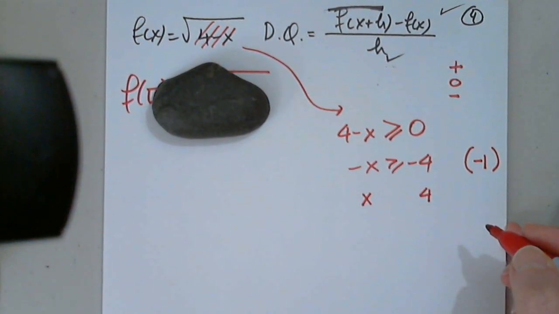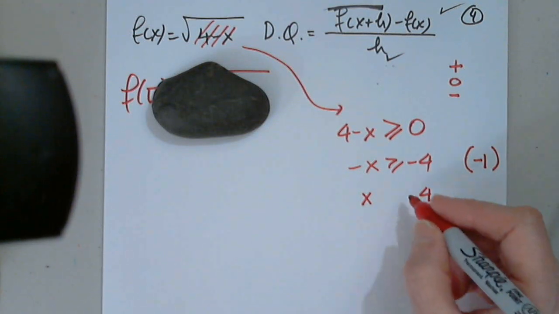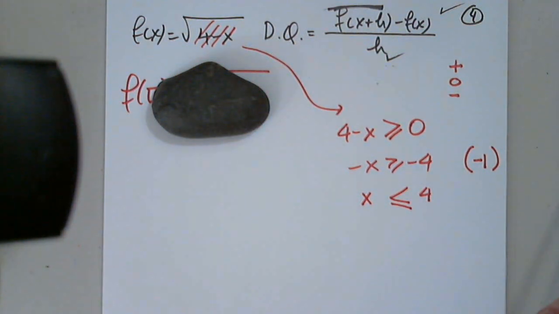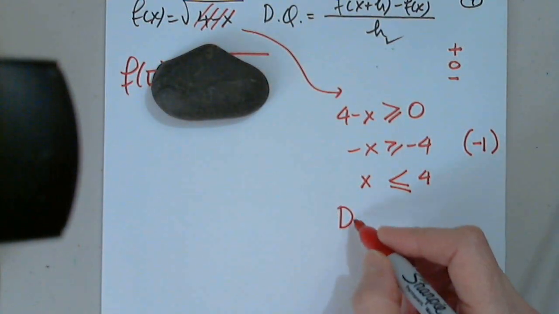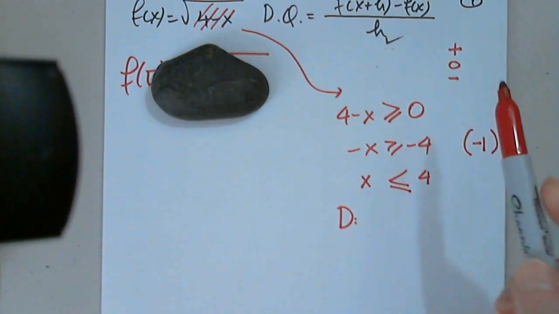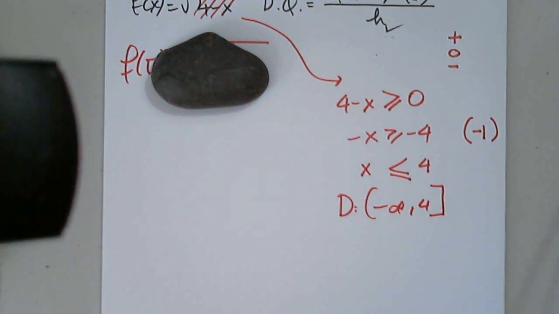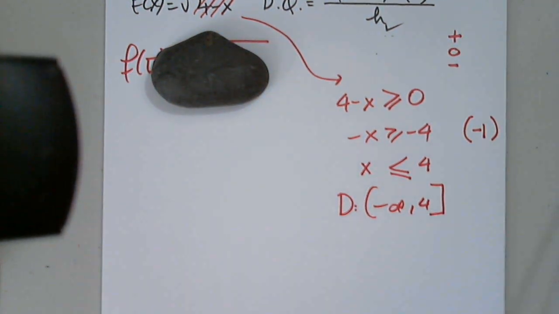What happens next? You flip the sign. Awesome. So then the domain of this function is from negative infinity till 4, with a bracket. We're going to discuss domain for other functions again today.